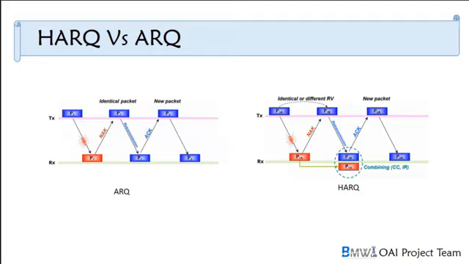So the receiver will transmit a NACK. NACK means non-acknowledgement to the transmitter. After that, the transmitter gets it: oh, my picture I already sent to the receiver is in trouble, so I need to retransmit again. So the TX will retransmit picture 1 again. So the process is like this one. This is for the ARQ.